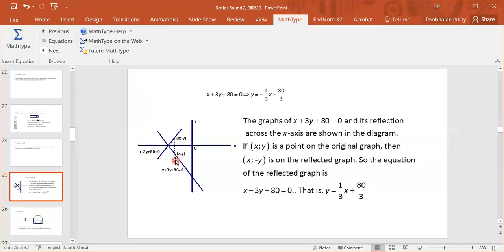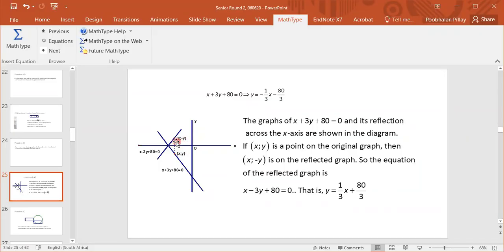Now you can see, I've got a general thing here. I've got x, y in the original line. Its mirror image will be x, negative y. The x remains the same, but the y changes sign. That's the mirror image, right? You go y downwards, it's now become y upwards. So it becomes x, negative y.